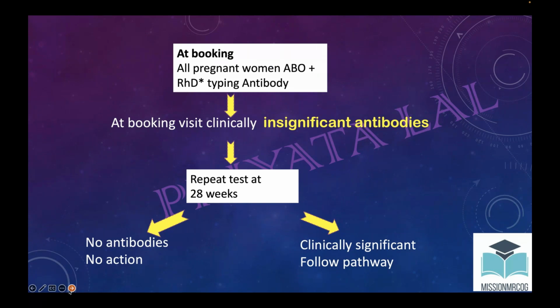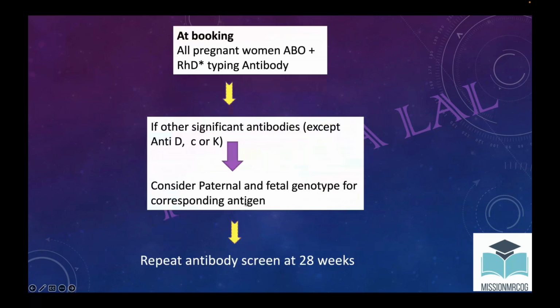Another situation: we have done the booking bloods and find antibodies that are significant, but these are not anti-D or anti-Kell. Then in that situation, paternal and fetal genotyping is to be done for the corresponding antigen, and the antibody screen would be repeated at 28 weeks.